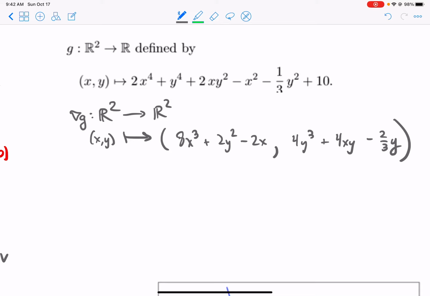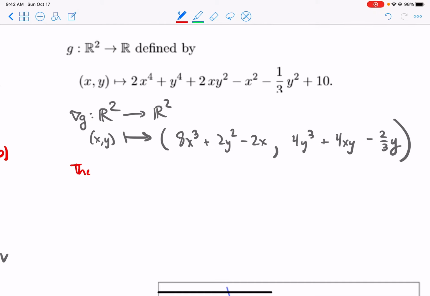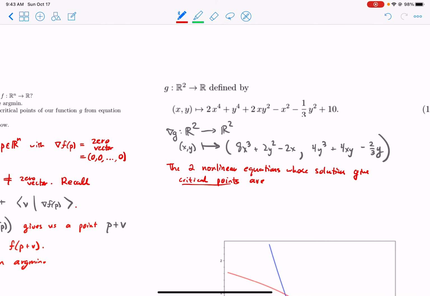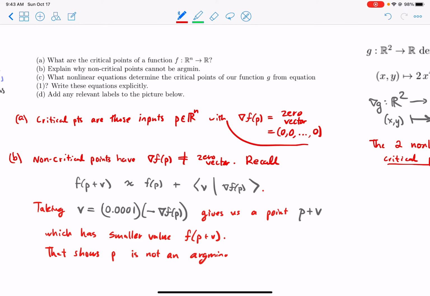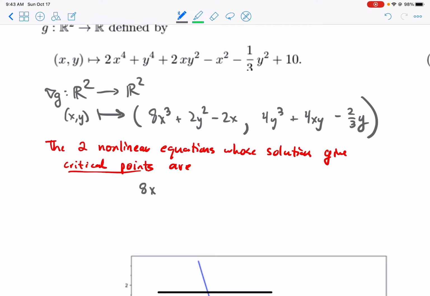And now, what are the equations? Well, the two nonlinear equations whose solutions give critical points are, well, what are critical points? Where the gradient is the zero vector. Okay, well, here's the gradient. So when is it the zero vector? So let's write down the formulas. 8x to the third plus 2y squared minus 2x equals 0.